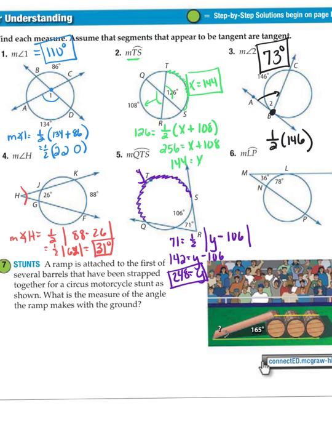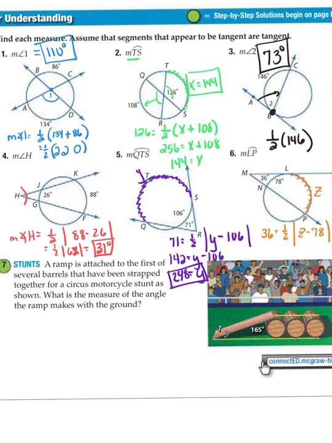Then last but not least on this page, we have again a tangent and a secant extending to the circle from the same exterior point. So that exterior angle of 36 is equal to 1/2 of the arc they're wanting us to find, let's call it Z, minus 78.